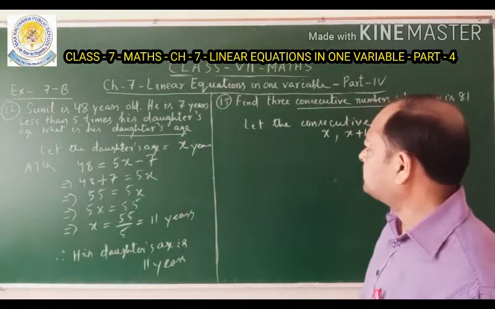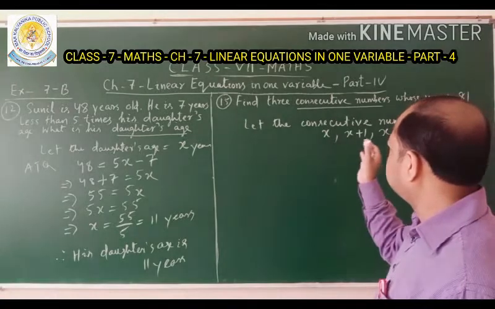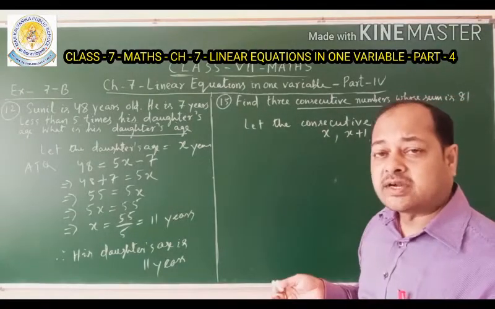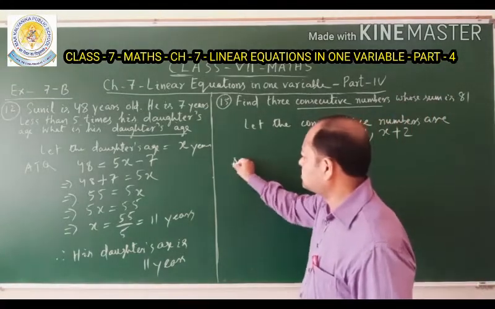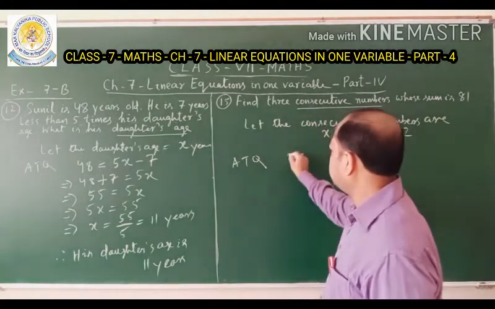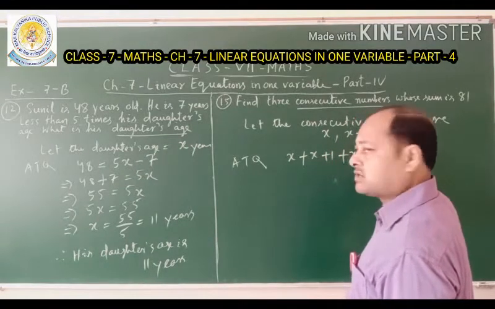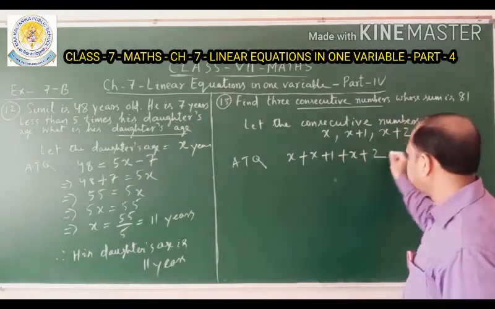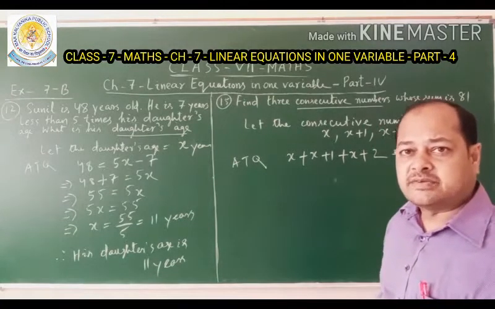Then the question says find three consecutive numbers whose sum is given. What is the sum given? That is 81. So according to the question, their sum, that means x plus x plus 1 plus x plus 2, is equal to 81. In the question it is given 81.